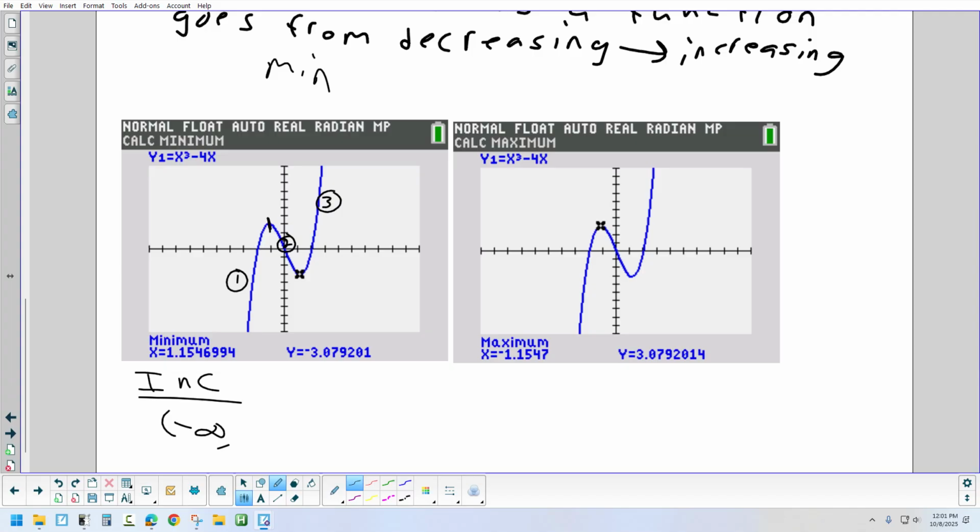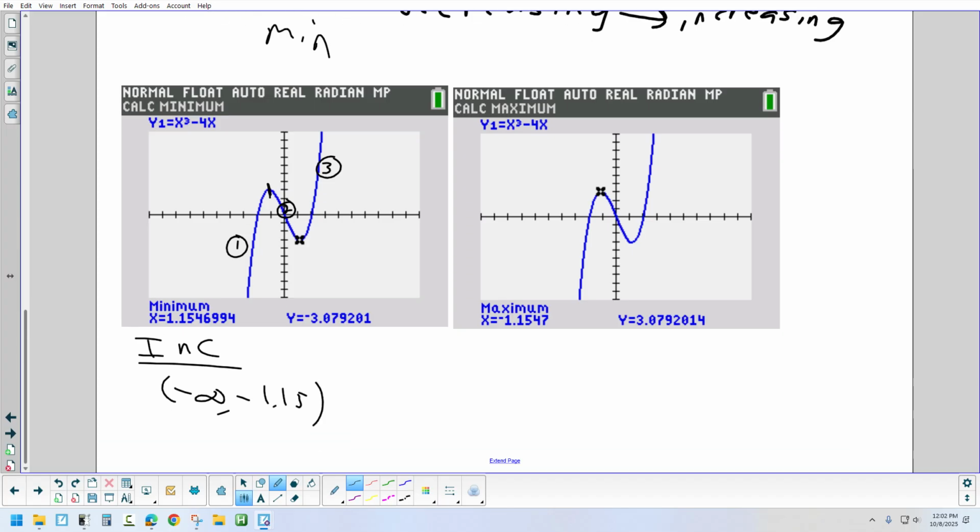We need to stop right there. Yep. Negative 1? Not quite negative 1. What does it say? Oh. Negative 1.15. Right, you've got to stop at negative 1.15. So that's how you describe increasing and decreasing. Okay, so that will definitely be on the test, so you've got to know how to find the maximums and minimums. Any question on that?